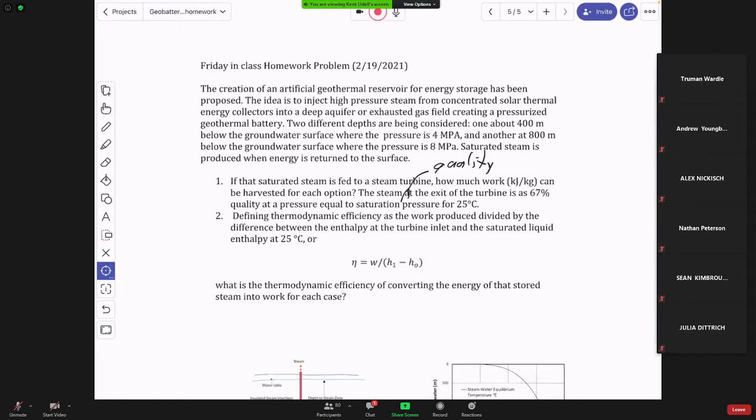And at 25 degrees, we go across, and what we find is that the enthalpy of the liquid is 104.83. What is the enthalpy of phase change? 2441.7. Correct. So what's the enthalpy of the exit?